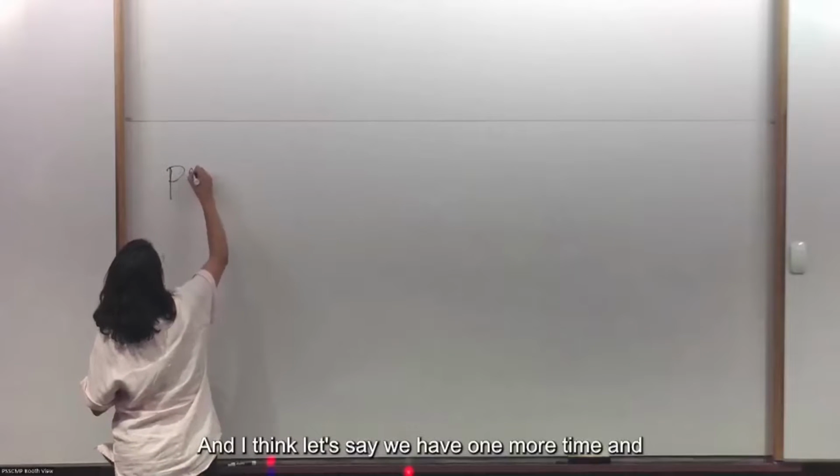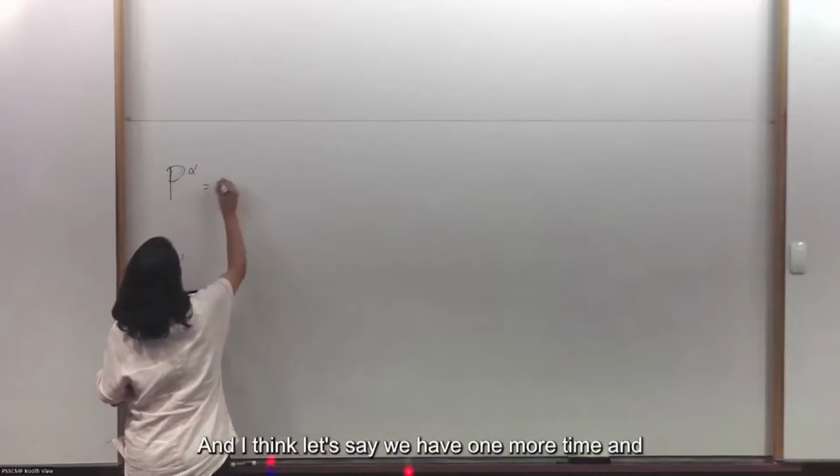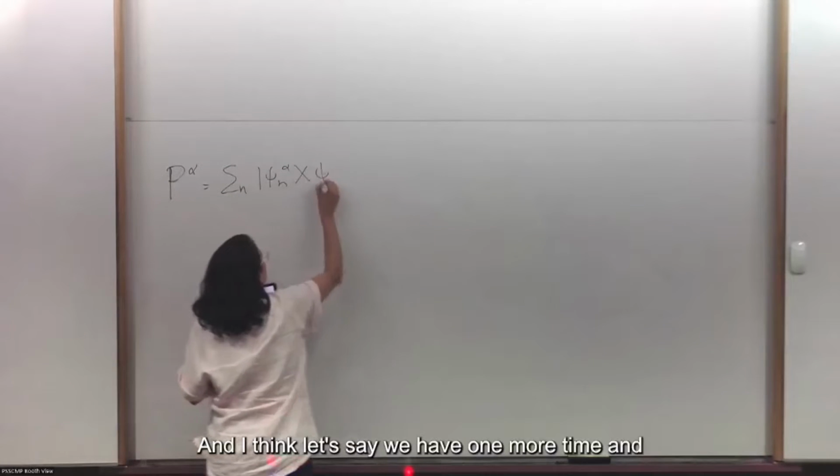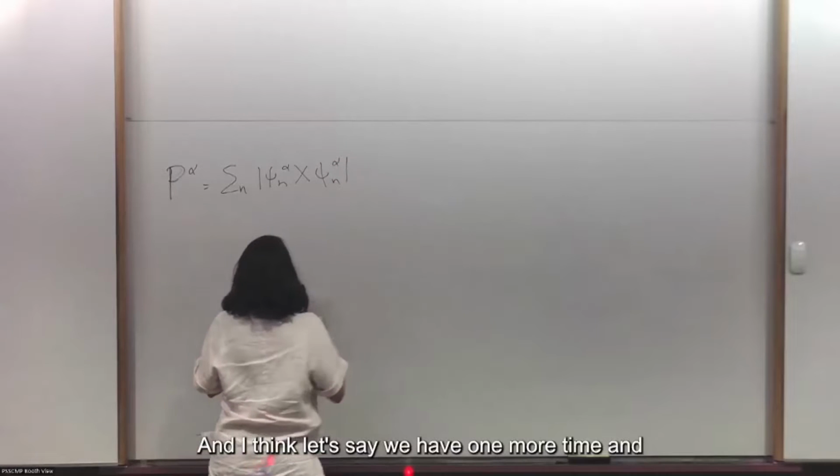The projector into a band that I called alpha is just the sum of the Bloch states over that band.